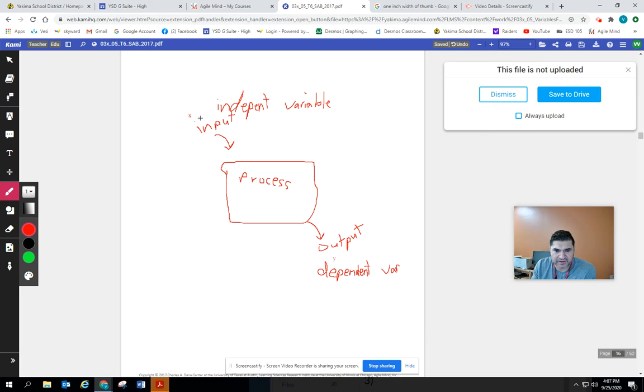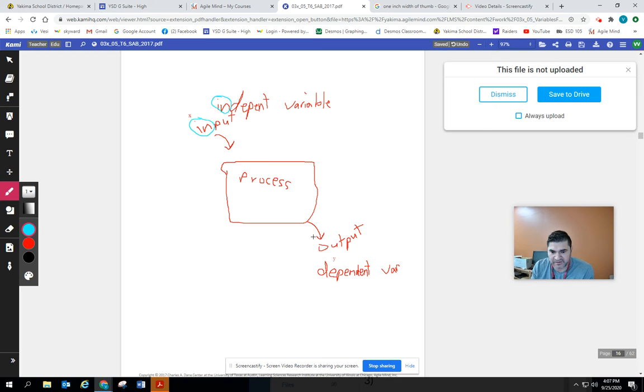Okay, so what do you notice about these two words here? If you look at this word and this one, what do they have that's the same? They both start with "in." I always had a hard time thinking, what's the dependent variable?